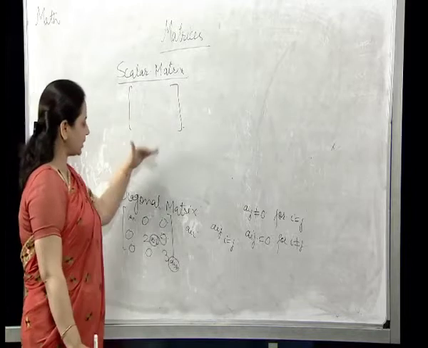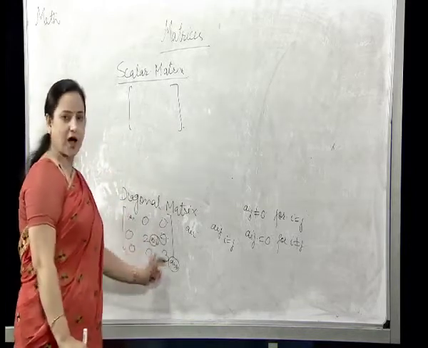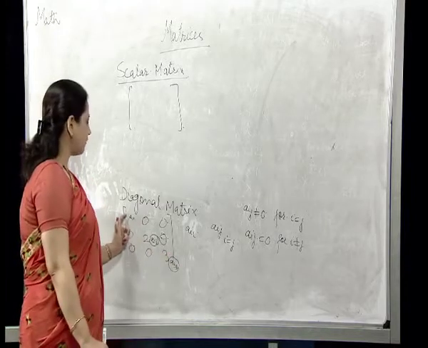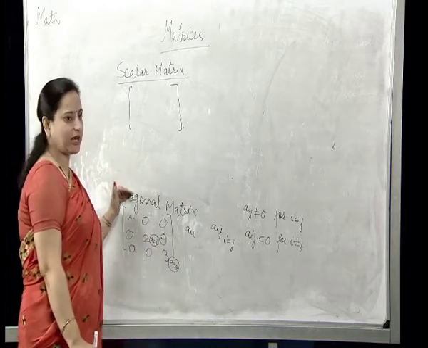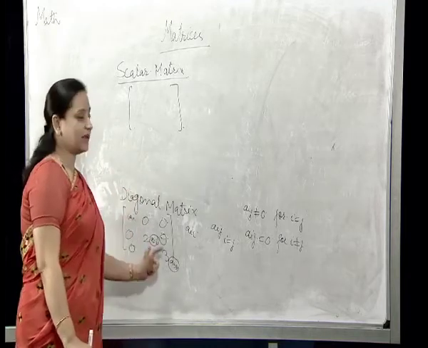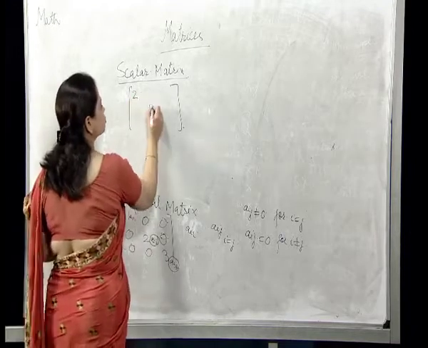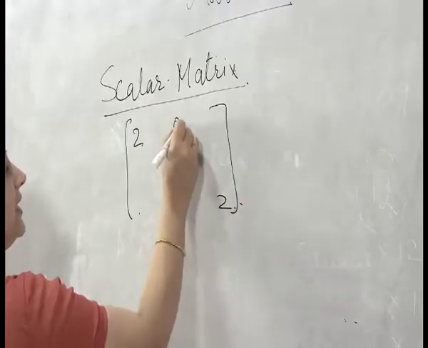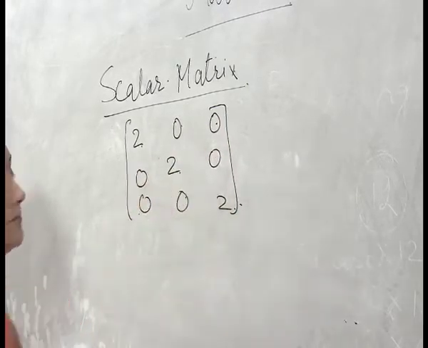The rest of the elements are all 0. Here you can see all the 3 elements are different. You have 1, 2 and 3 here. All the elements are different, but in a scalar matrix, all the diagonal elements are the same. You can have this as 2, 2, 2. The rest of the elements are zeros.